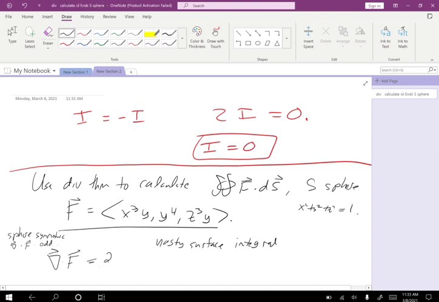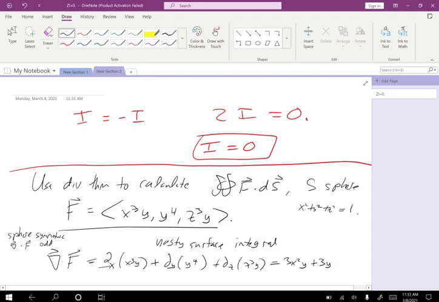So let's do this. The partial derivative in x of x cubed y plus the partial derivative in y of y to the fourth plus the partial derivative in z of z cubed y, we end up getting 3x squared y plus, I'm sorry, I can't do basic chain rule apparently, plus 4y cubed plus 3z squared y.